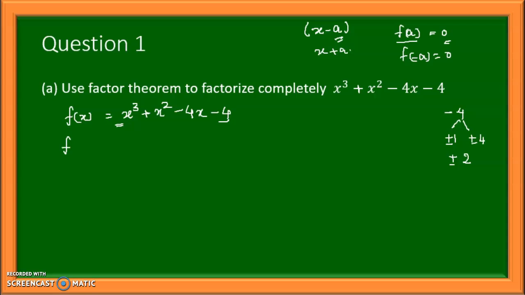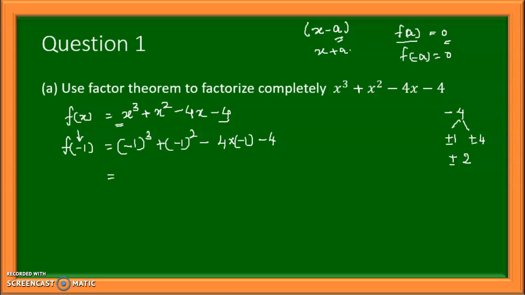Let us consider x is equal to minus 1. Substitute x equal to minus 1: minus 1 cube plus minus 1 square minus 4 into minus 1 minus 4. Just calculate it and check whether it is equal to 0.